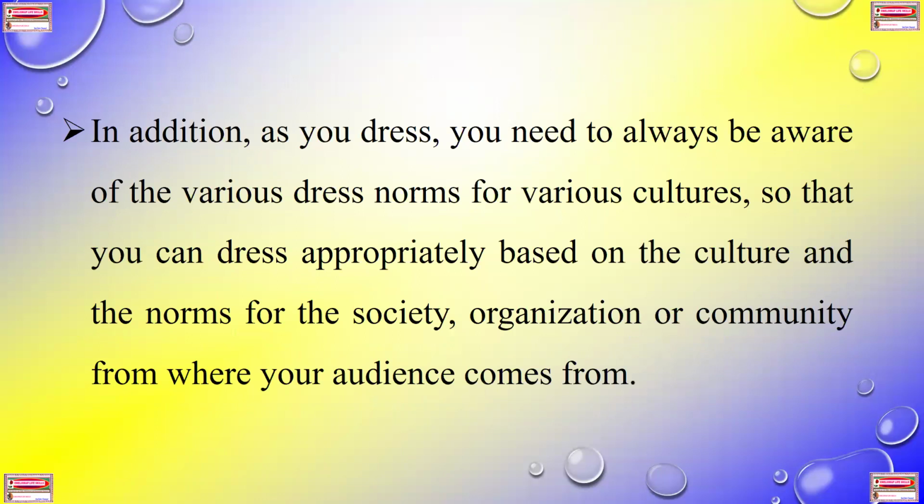In addition, as you dress, you need to always be aware of the various dress norms for various cultures, various institutions, various organizations, so that you can dress appropriately based on the culture and the norms for the society, organization, or community from where your audience comes from.